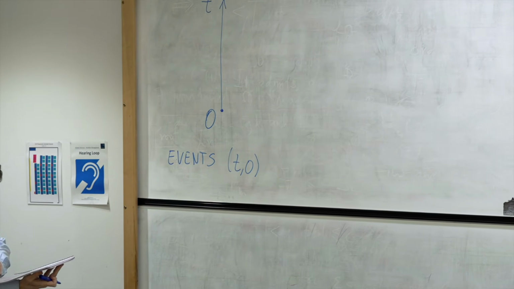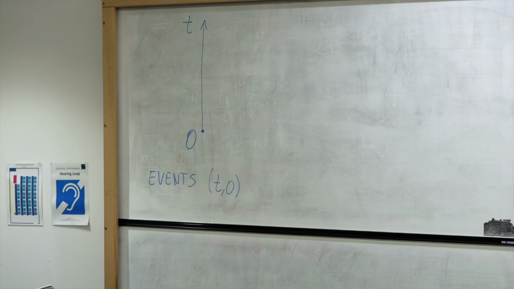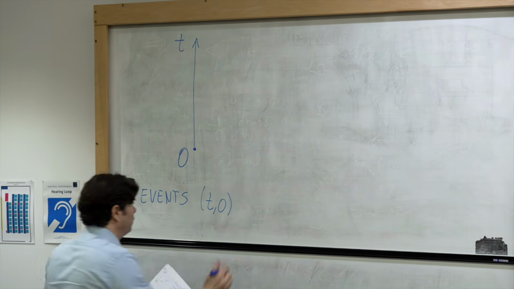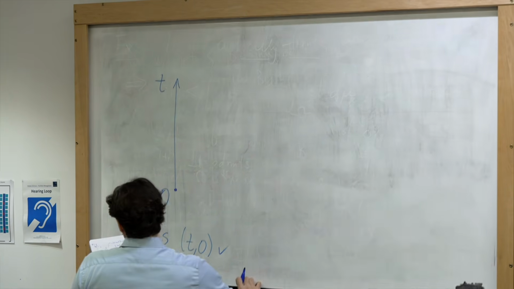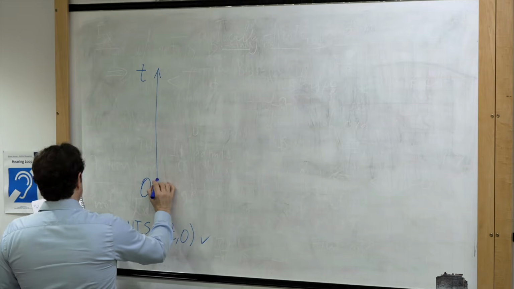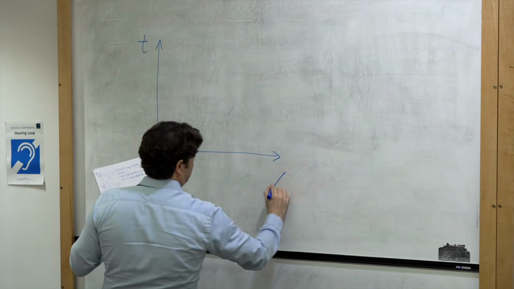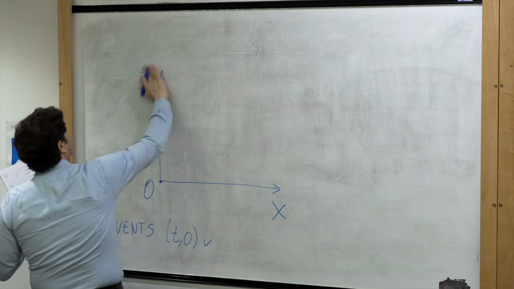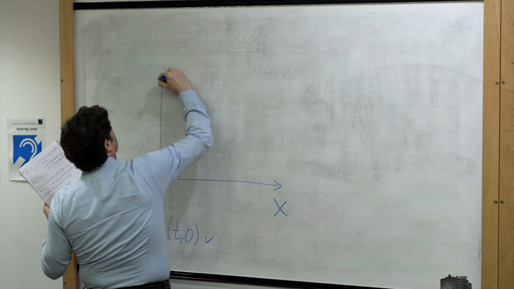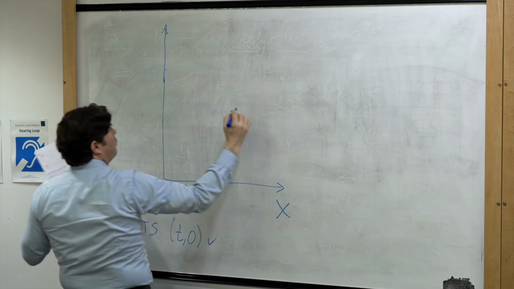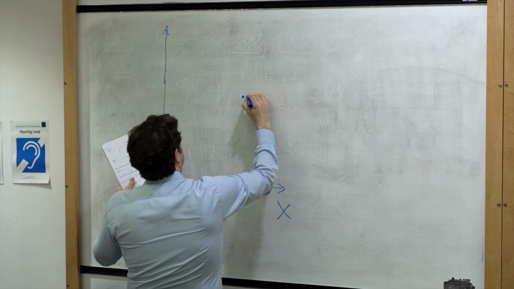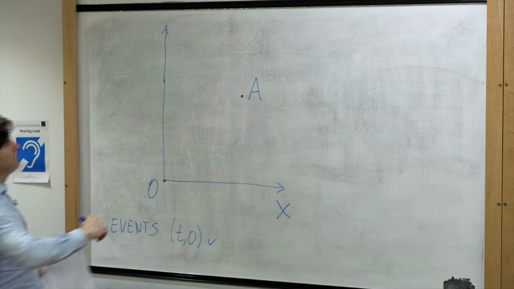Now, let's imagine that we want to do something a bit more difficult. We have x, let me make this big, and we have some event A happening here.